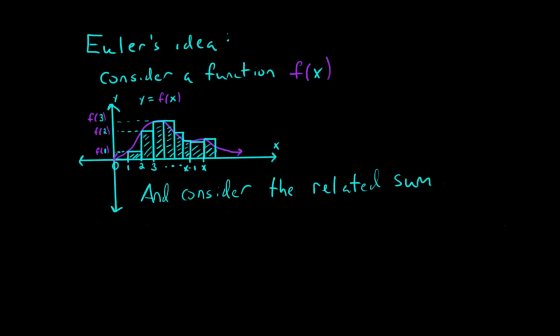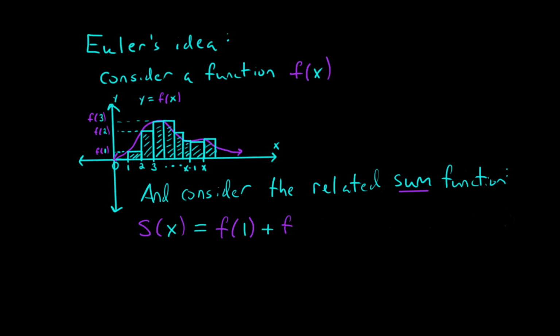And now when we consider this sum, which is related to f of x, the sum of the values of f of x at x equals 1, x equals 2, x equals 3, and so on up until x, we might realize that that sum is itself a function of x. In much the same way as the definite integral, which represents the area under the curve, is a function of x.